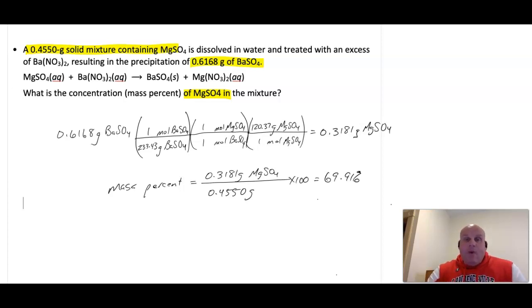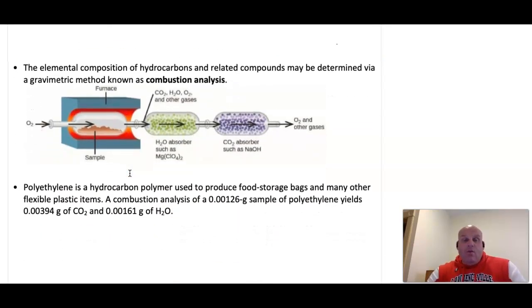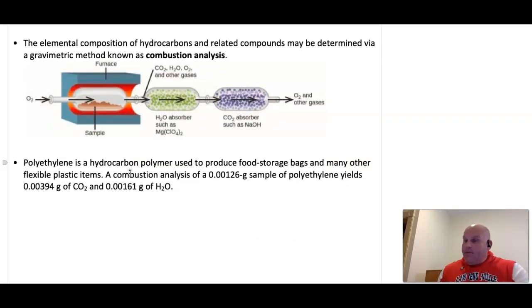Finally, the last type of quantitative analysis that we're going to take a look at are combustion reactions. So you can take a look here at what happens. Just to refresh our memory, a combustion reaction would look like some hydrocarbon plus oxygen yields CO2 and water.